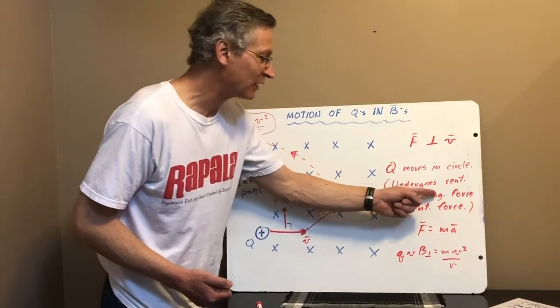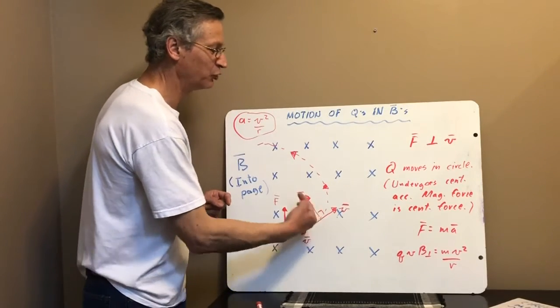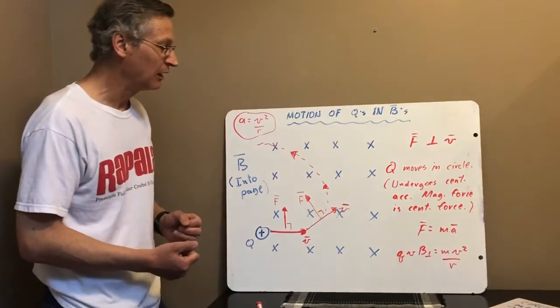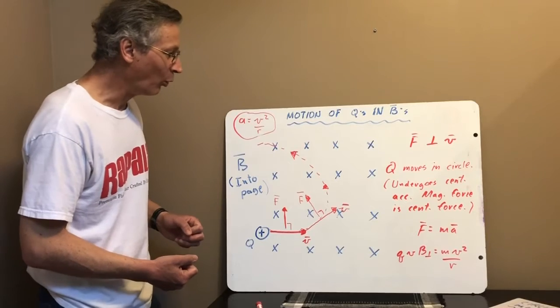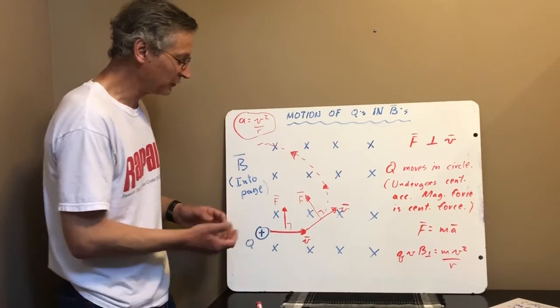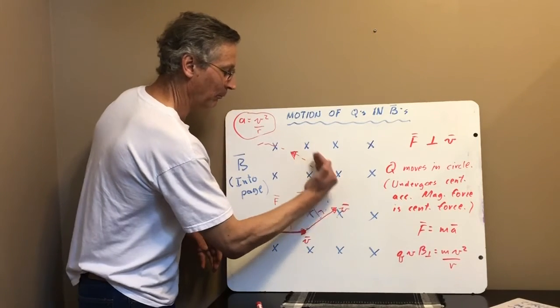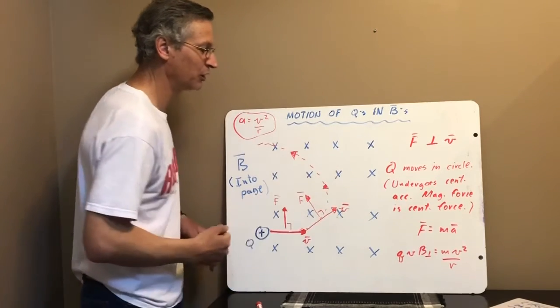And the magnetic force is the force that's causing that centripetal acceleration. The magnetic force is the centripetal force. And remember what that acceleration and that force does. It doesn't make the charge speed up or slow down. It just changes its velocity. It just bends its path so it moves in a nice perfect circle.